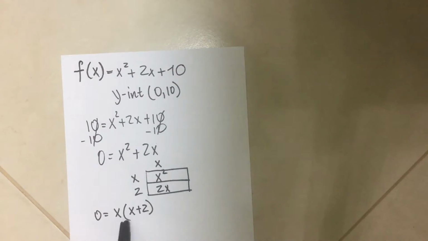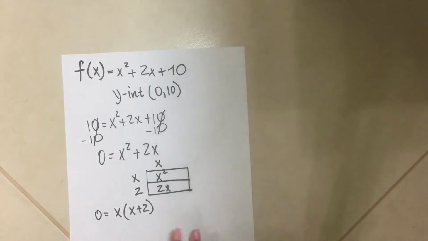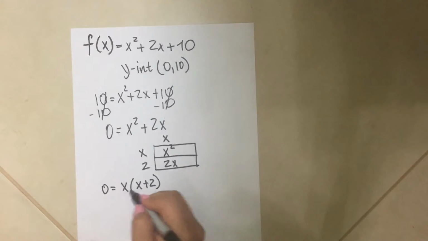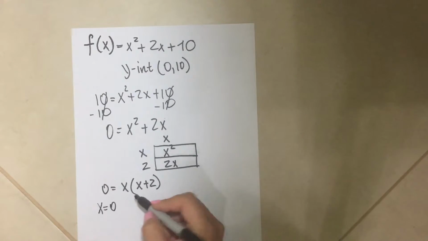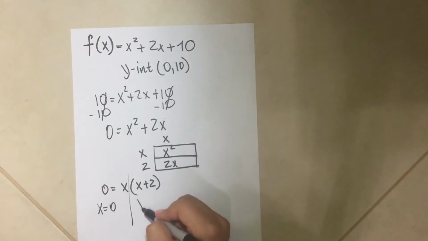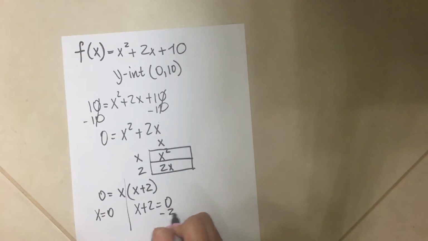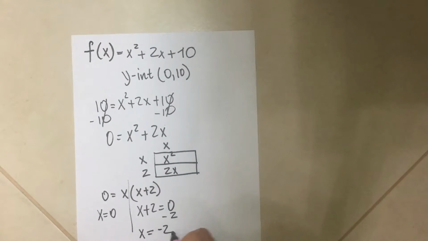Now, from this equation here, it is easy for us to find our x values. So this x equals 0, and then this x plus 2 equals 0, so x equals negative 2.